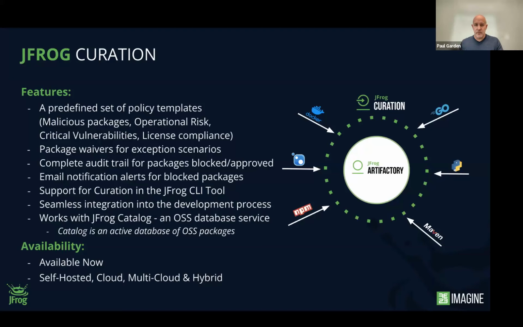Now, sometimes developers need access to a package type or a package version to do their development, and they know it has a high severity CVE. So what we can do is set up a package waiver, which means you allow it even though it doesn't meet the policy.